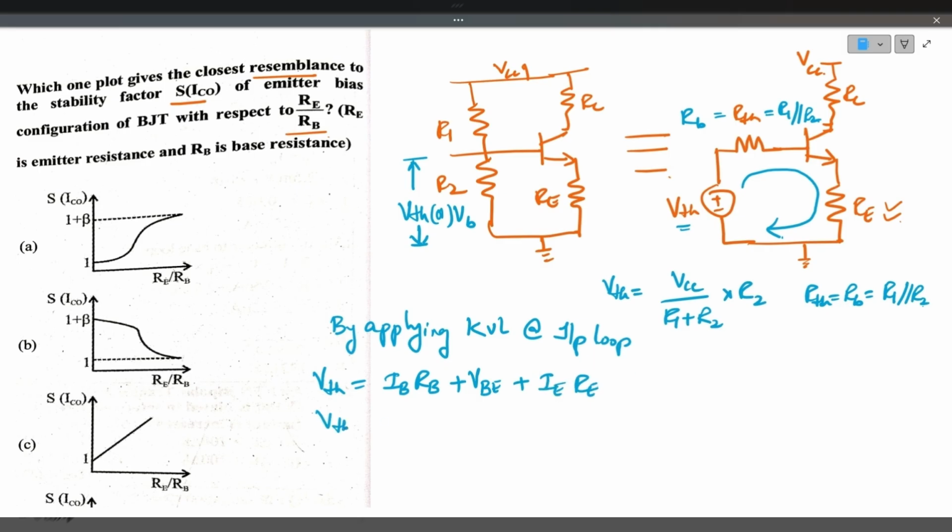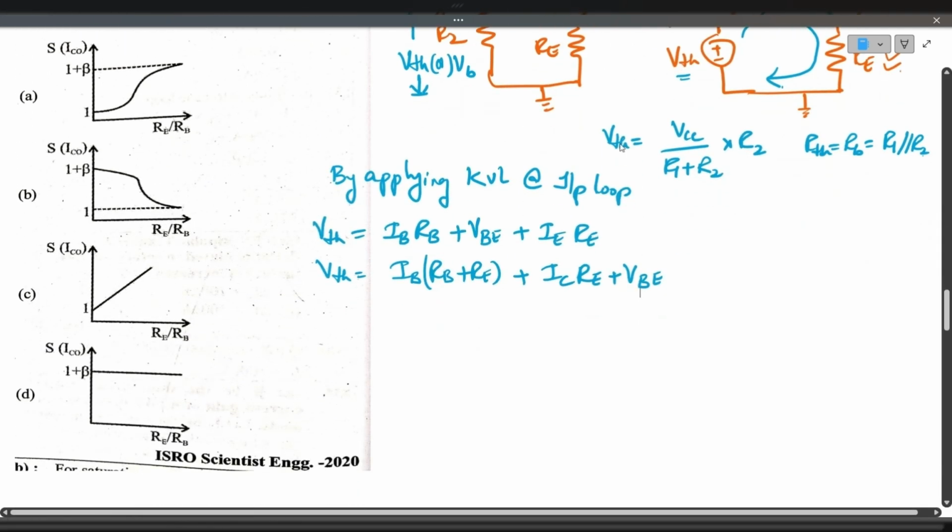So V Thevenin equals IB RB plus VBE plus the emitter current, which is the sum of the base and collector currents, multiplied by RE. Simplifying, taking IB common: V Thevenin equals IB times (RB plus RE) plus IC RE plus VBE. This is the final equation.